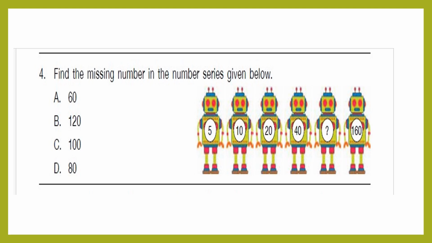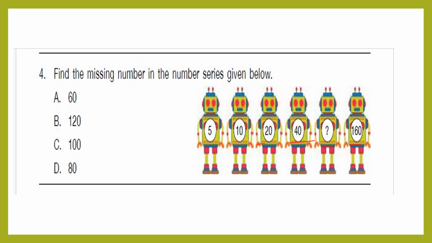Question number 4. Find the missing number in the number series given below. This number series is given: 5, 10, 20, 40, then a question mark and then 160. If we look at the numbers carefully, we can find that each next number is double of the previous number.